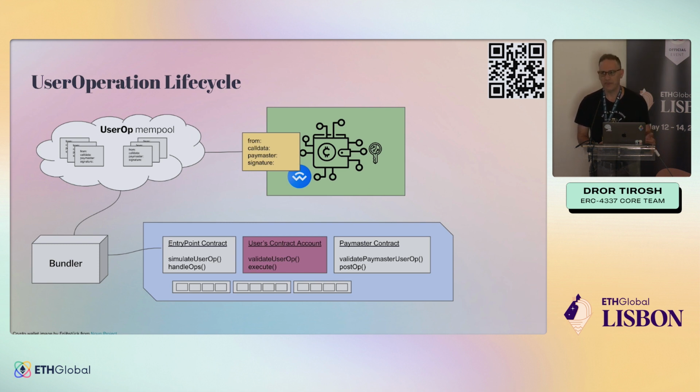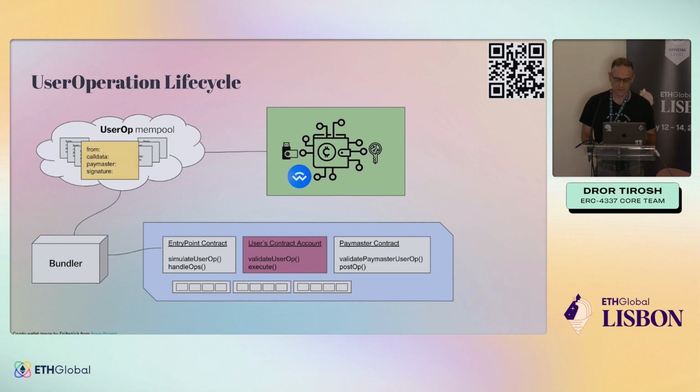There are 10 of them, a little bit more than a normal transaction. Just like a normal wallet creates a transaction. And then after filling the user operation, it sends it into the mempool through an RPC node. Again, just like a normal transaction, except that this is the user operation mempool.